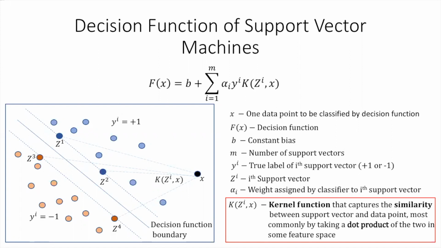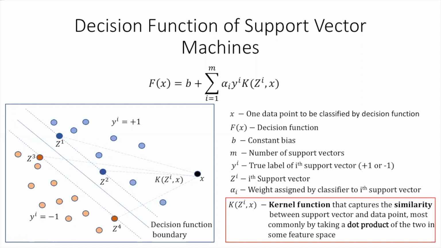The SVM decision function boundary is the bold line dividing the two classes, and as you may already know, there is a set of input examples on both sides of the decision boundary that are closest to the boundary, and these are called the support vectors, shown here as Z1, Z2, Z3, and Z4.